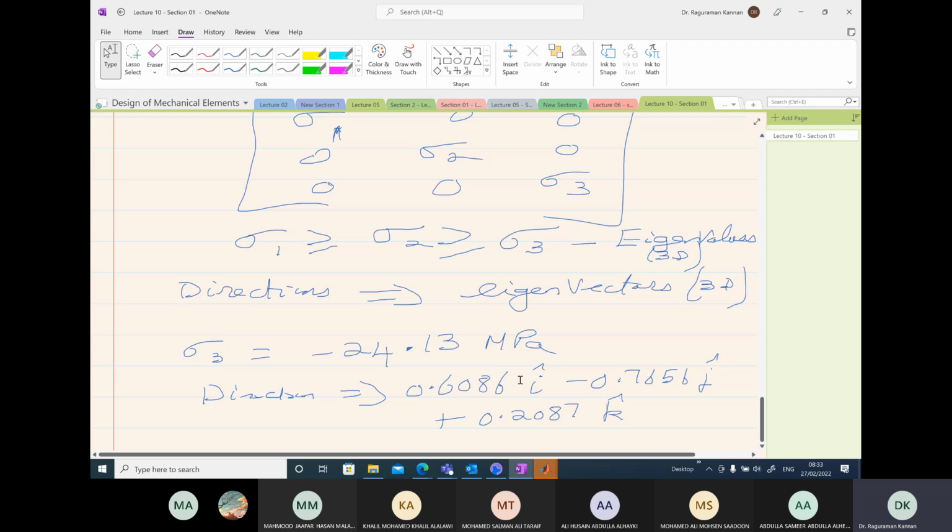In 3D, it is easier to represent the direction with IJK components rather than with some angles. Okay, so is this point clear?